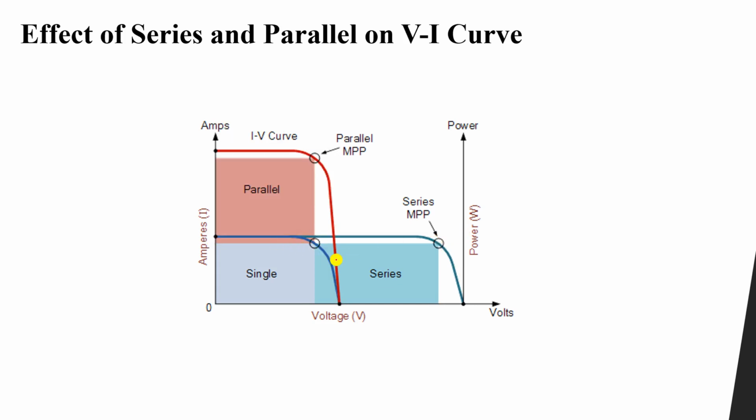Now what if we have the same curve here and we added another panel in parallel? So we have a panel here and we added another one in parallel, so the total current will increase from here becoming here, and the voltage will remain as it is. Now of course you can combine these two together.